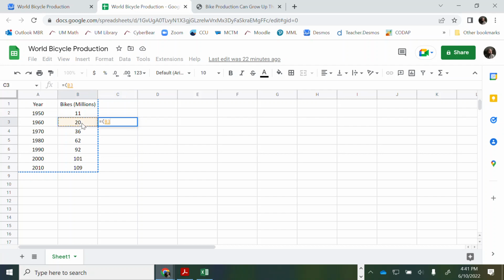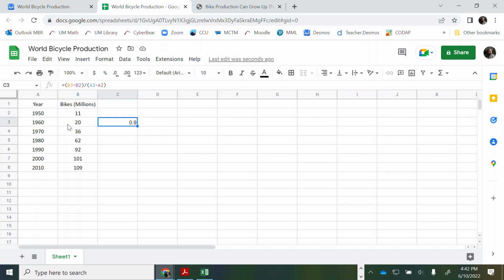So I click on this cell, minus this cell, ending parentheses, that's the rise, divided by, and now you need parentheses for the run, because the division has to be by the whole thing, 1960 minus 1950. And what I find is that the first derivative in 1960, thinking of it as from 50 to 60, is about 0.9, or 9/10 of a million bicycles per year.